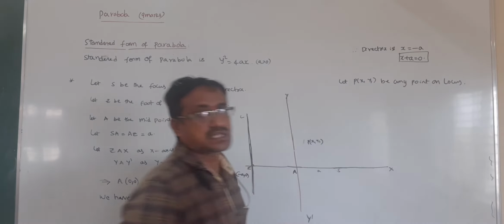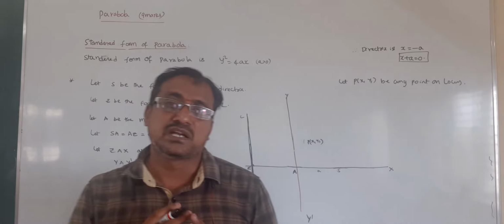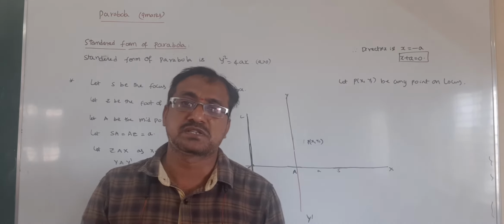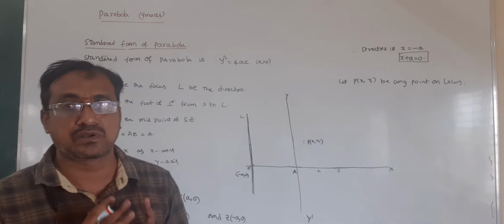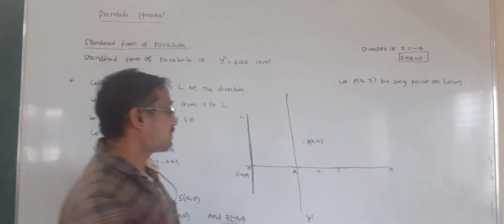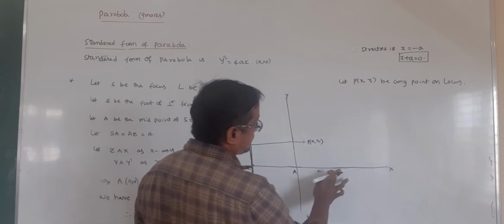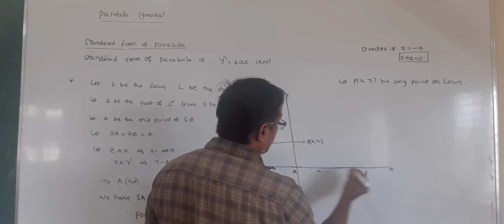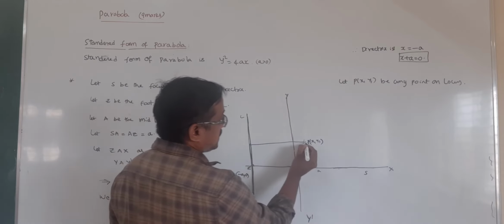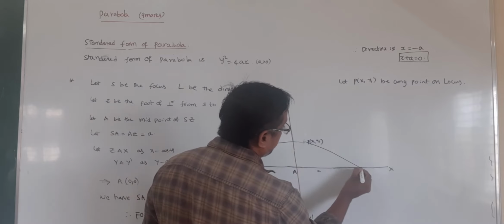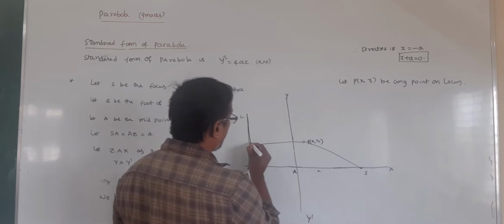Here the locus is a parabola. So by the definition of parabola, SP by PM is equal to e, where e is equal to 1. Let PM be the perpendicular distance from the point to the directrix and SP is the distance between the focus and the point.